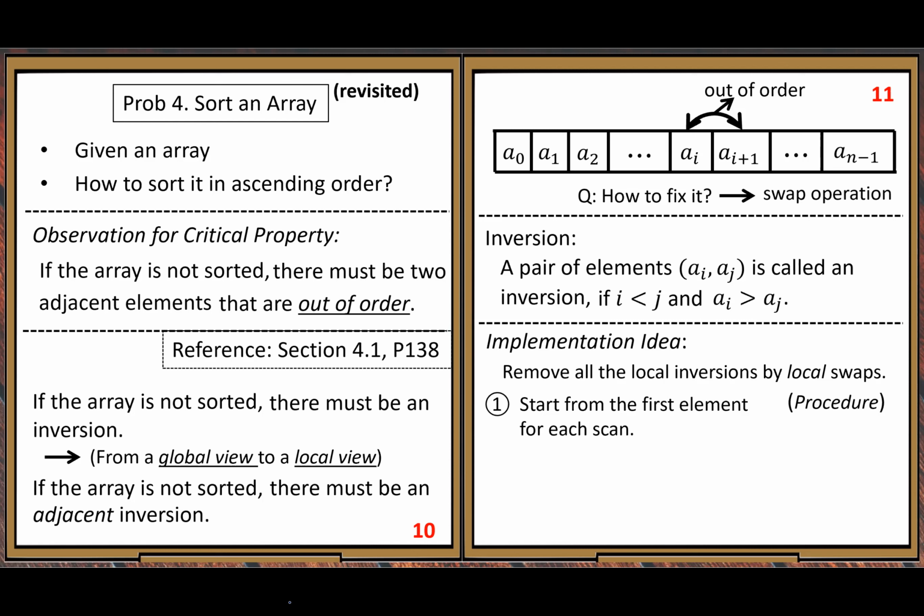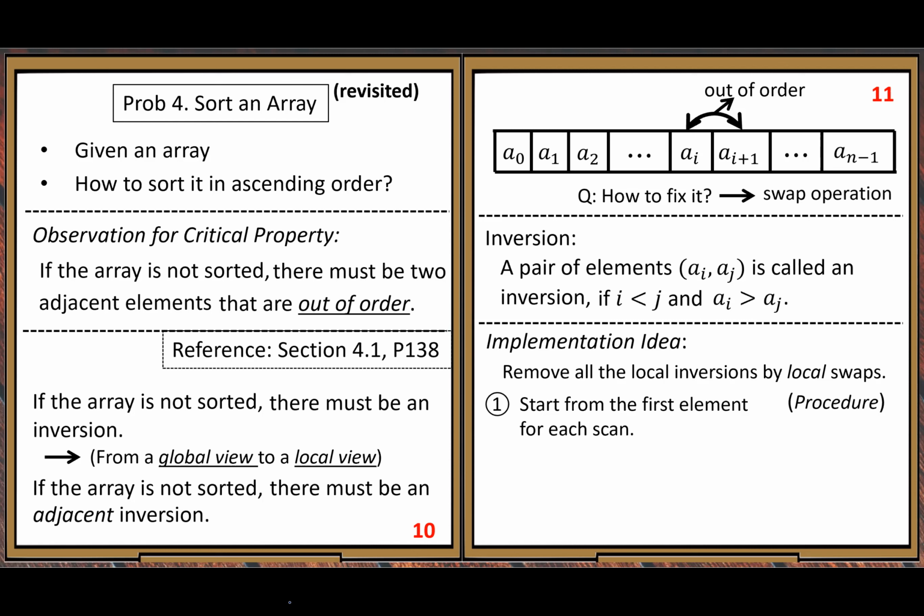We start from the first element for each scan. We scan the array multiple times, until we get the whole array sorted. In the first scan, we start from the first element and compare every two adjacent elements, moving from left to right.